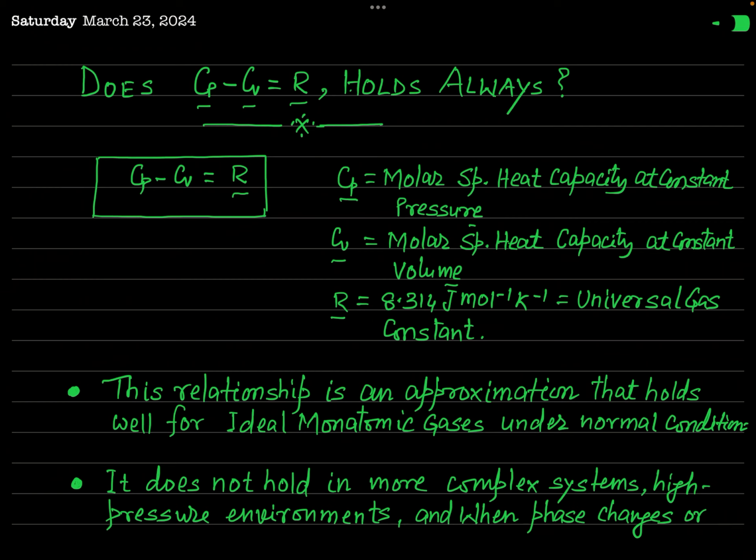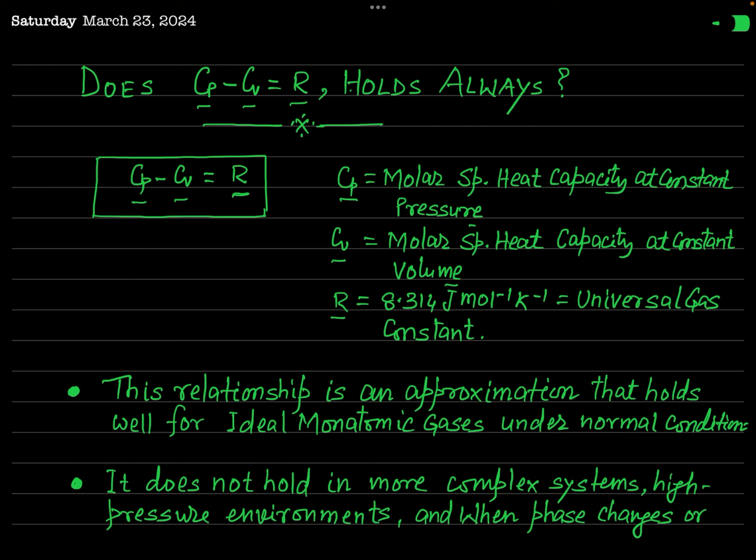But here we will see that actually this relation Cp minus Cv equal to R is not strictly followed in many situations. Actually, when you talk about the ideal gas or the perfect gas in normal condition, this relation holds. It means you can say that in case of ideal gas, Cp minus Cv is equal to R in normal condition.